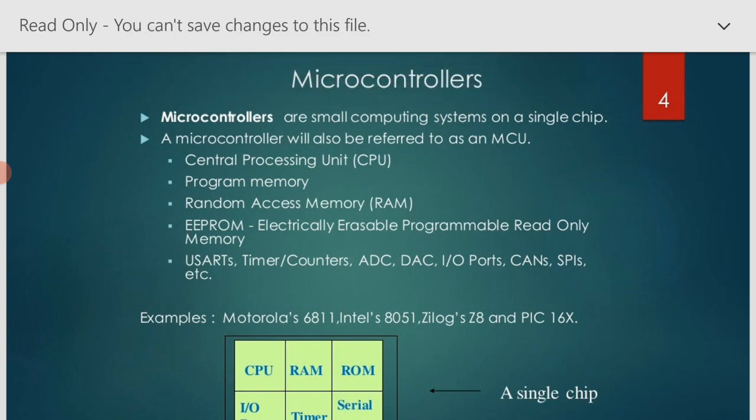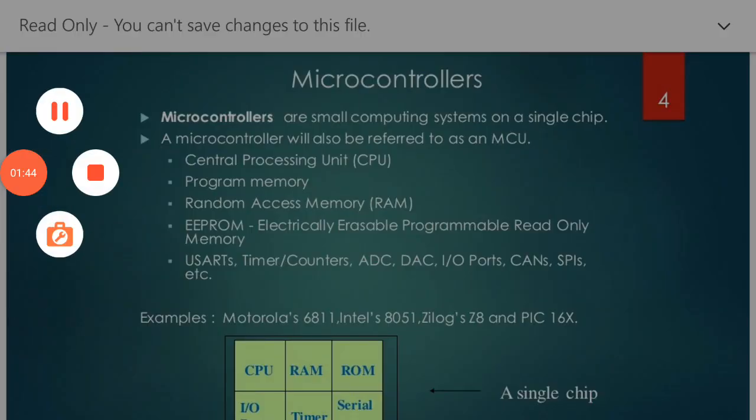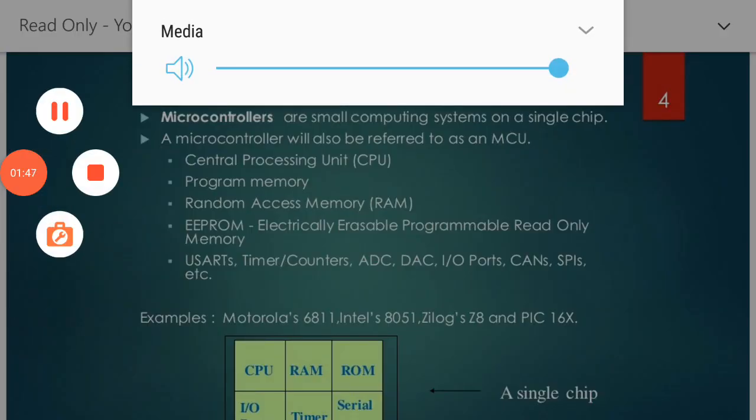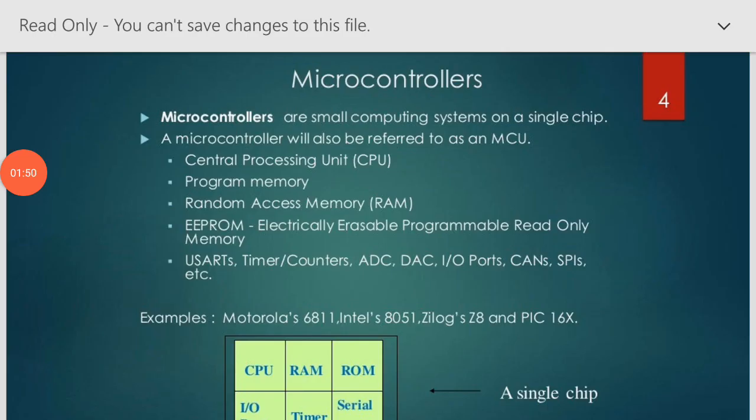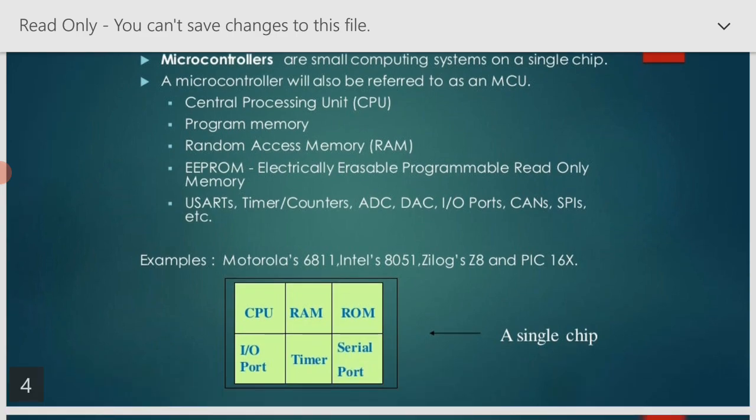A microcontroller will also be referred to as the MCU, with the central processing unit CPU, program memory, random access memory RAM, EEPROM (electrically erasable programmable read-only memory), USART, timers or counters, ADC or DAC, IO ports, CAN, SPIs, etc. Examples of microcontrollers are the 8051, which is a common one, Motorola's 6811, Intel's 8051, Zilog's Z8 and PIC 16X.